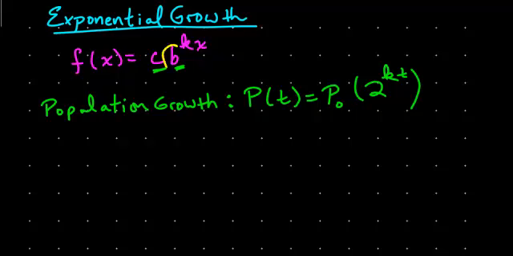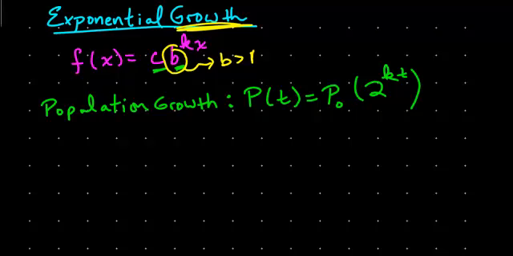Now, for exponential growth itself, let me say that b must be bigger than 1 to get exponential growth. Since we're talking about growth here, we know that b is bigger than 1. And I really encourage you to get out your calculators and graph a few to see what the graphs of these functions look like.